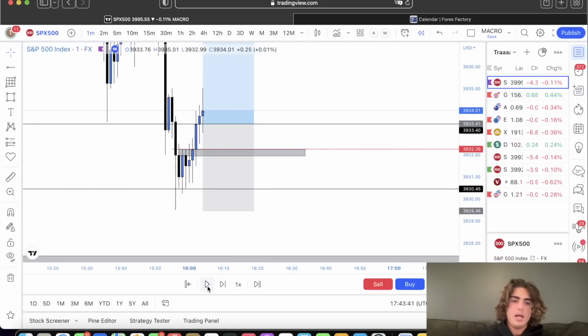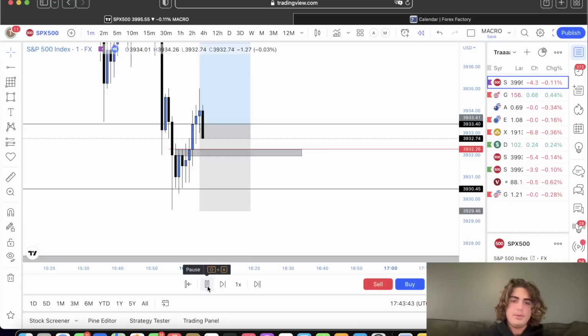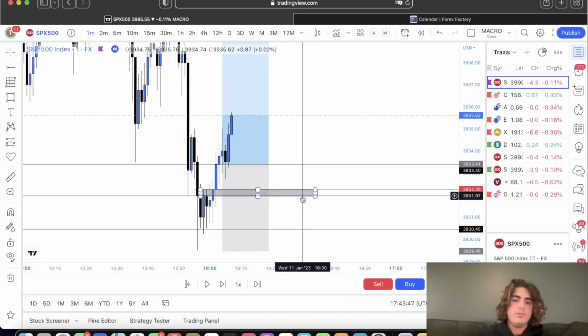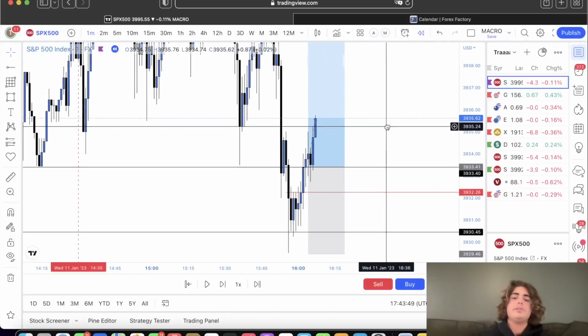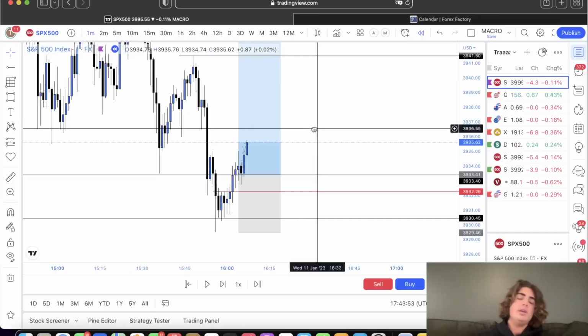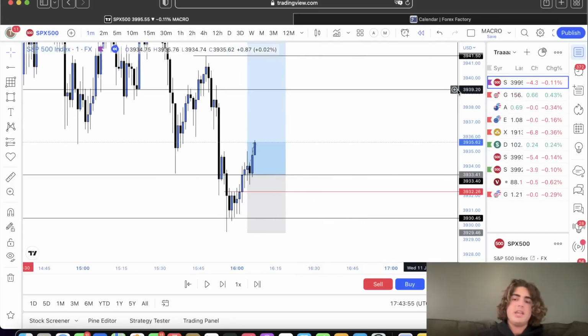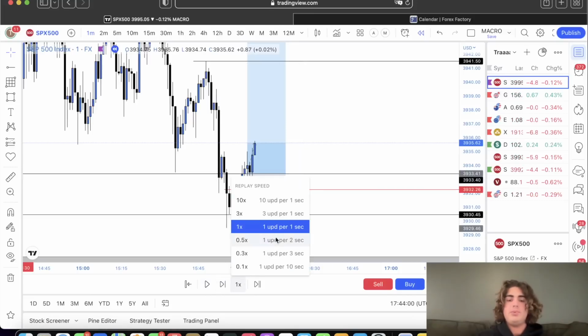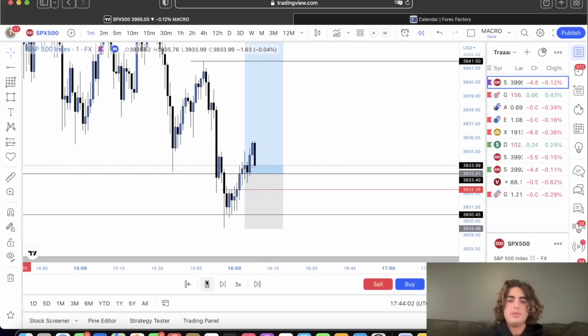Okay, doesn't hit the order block, continues up. Boom, continue up. So see, that's why we're saying we want to use liquidity sweep and break of structure. Order block, fair value gap and equilibrium are our safety nets. We can also use them for take profits. So let's just keep playing this, see where price goes.